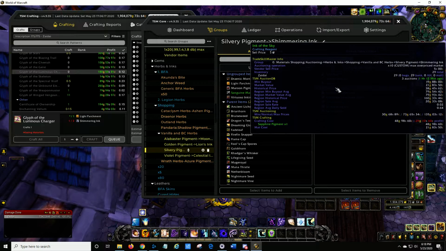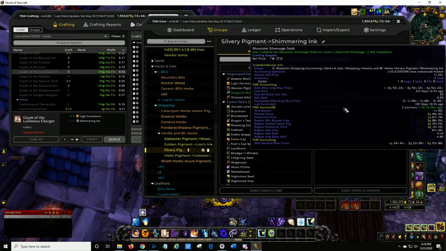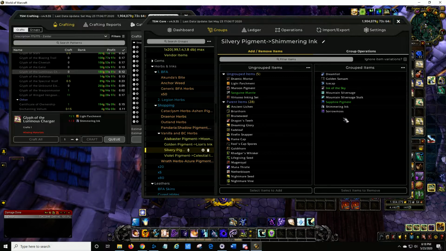Not sure why Ink of the Sky is here. It's probably one of those extra rare things like sapphire pigment. You probably rarely get that from milling these items.